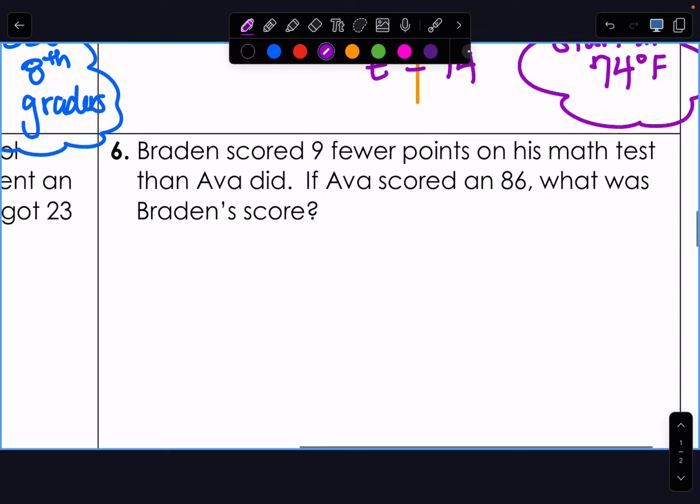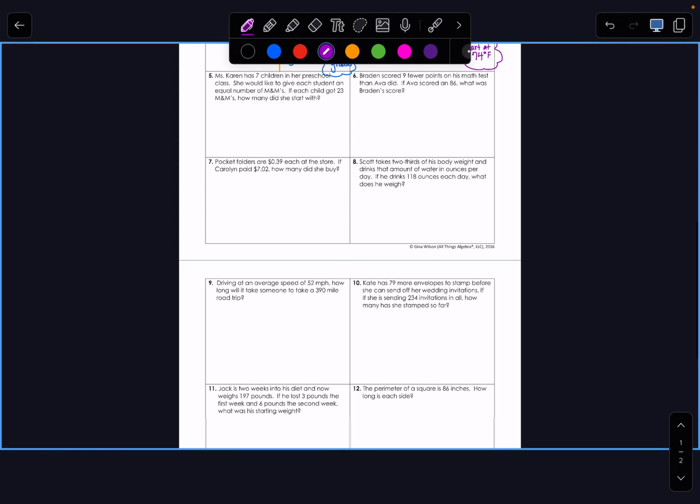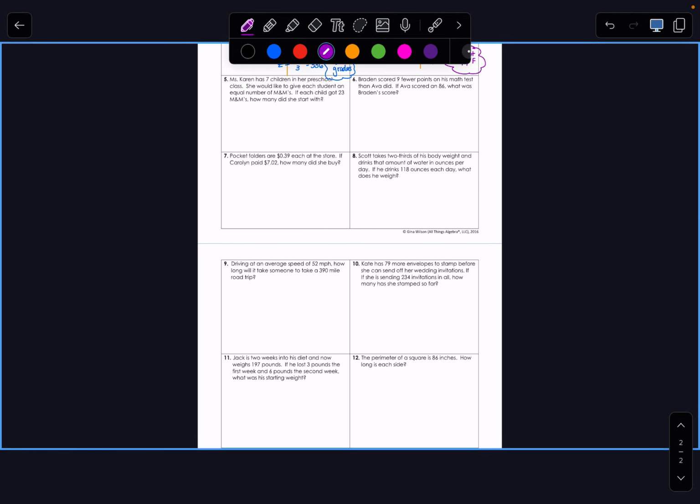Now, I will tell you that your homework is the next 8 problems. Maybe you circle them so you know those are the ones you need to do. Number 9, you will need to use the fact that distance equals rate times time.